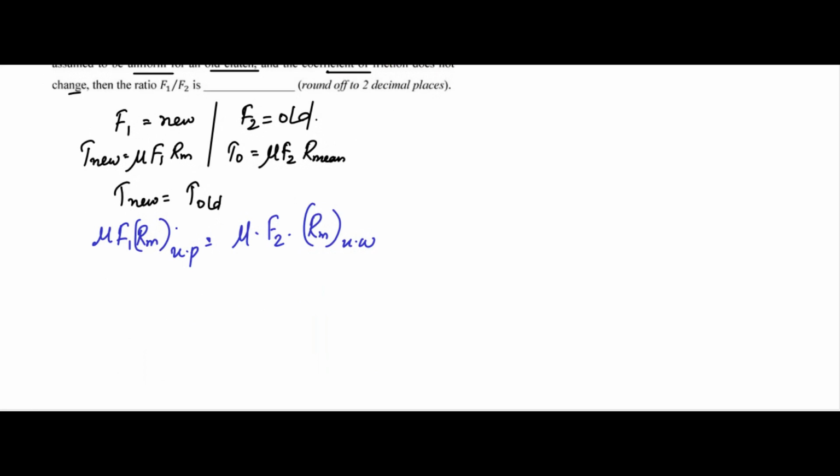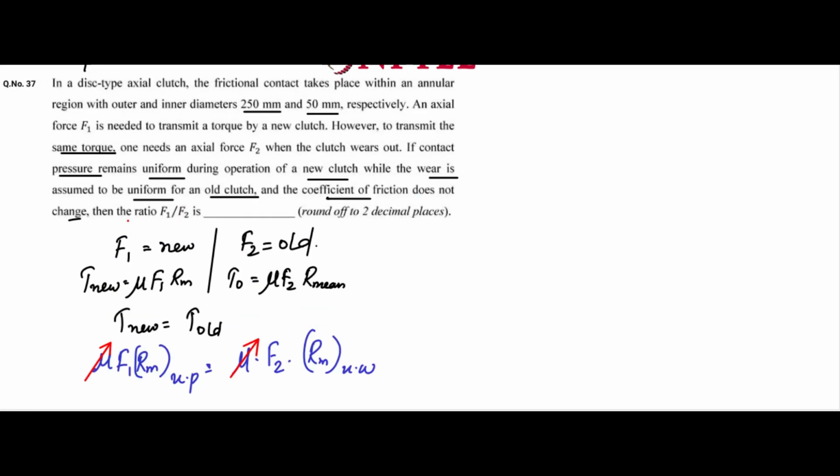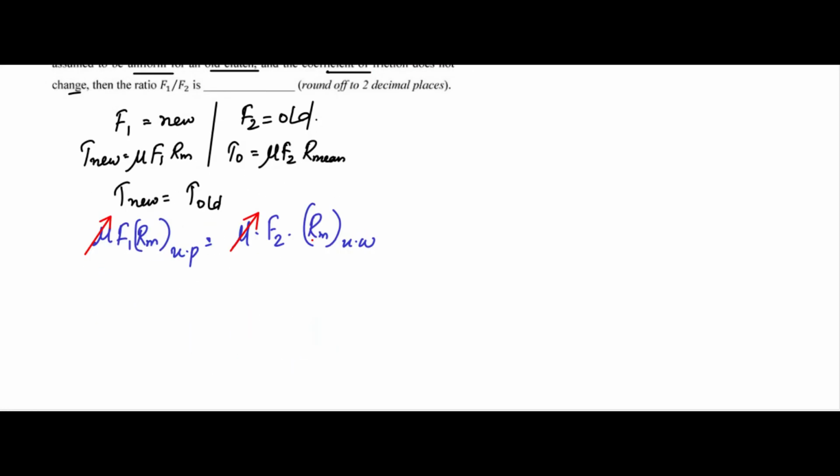Now the mu gets cancelled since they have said the coefficient of friction does not change. The question asks for F1 by F2, which is the mean radius of uniform wear divided by the mean radius of uniform pressure.